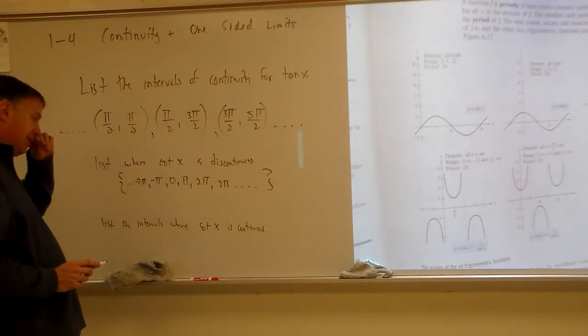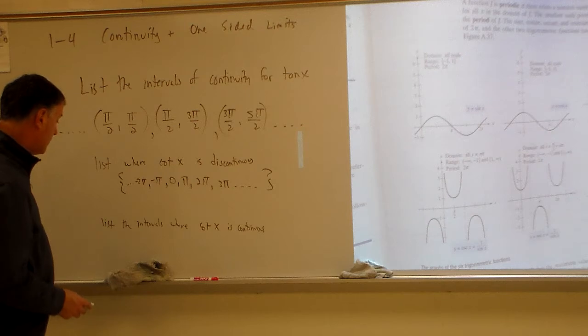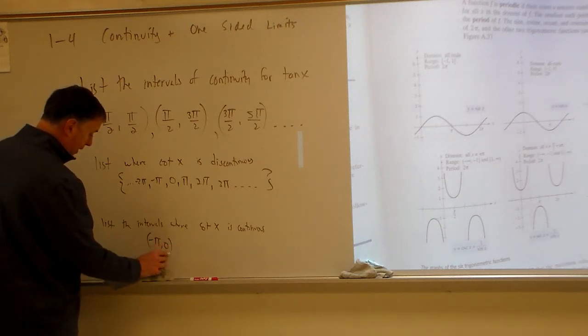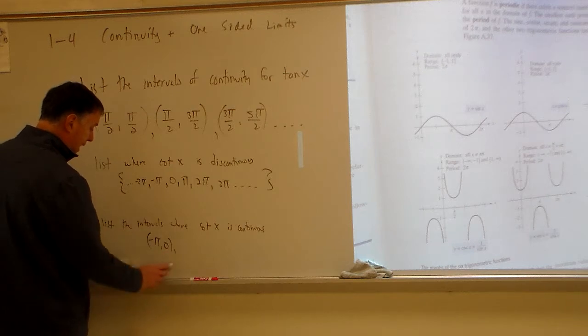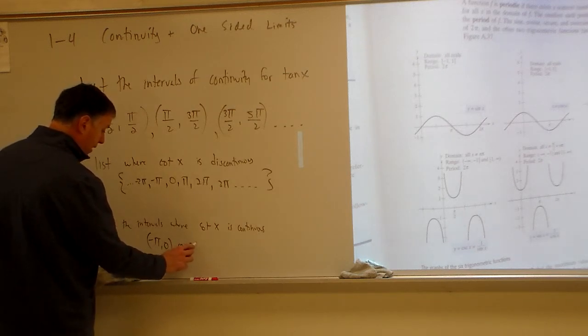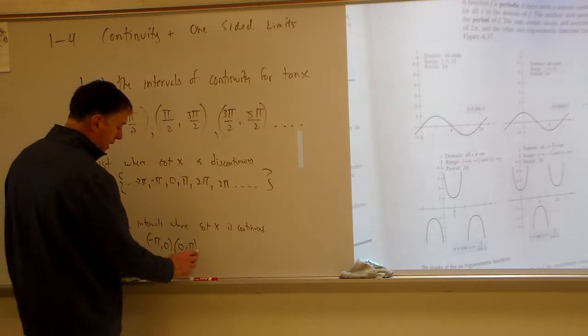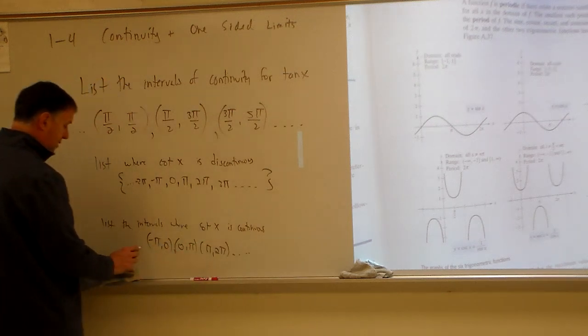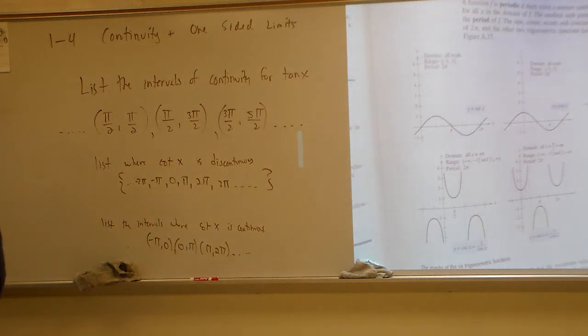Now if I want to list where it is continuous, I could say from negative pi to 0 with parentheses, and then from 0 to pi with parentheses, and then from pi to 2 pi with parentheses, and then throw some dots in there. So, that's all about being discontinuous.